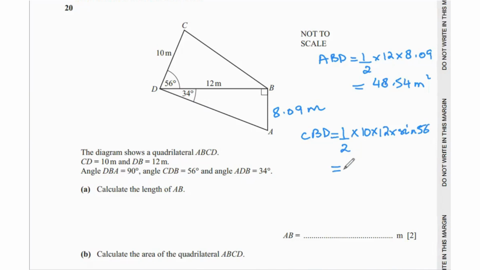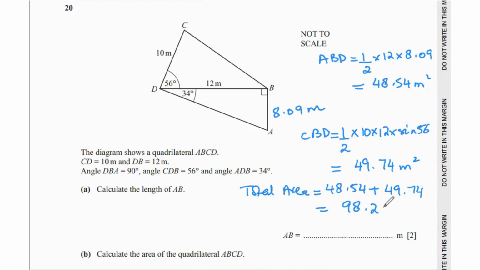So that gives us 49.74 meters square. So the total area of the quadrilateral is going to be the sum of 48.54 and 49.74. That gives us 98.28 meters square. That's the area of the quadrilateral.